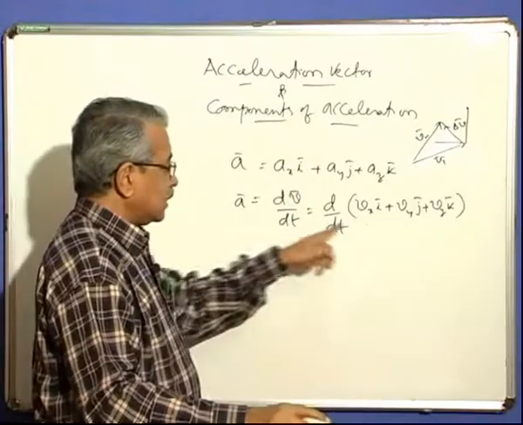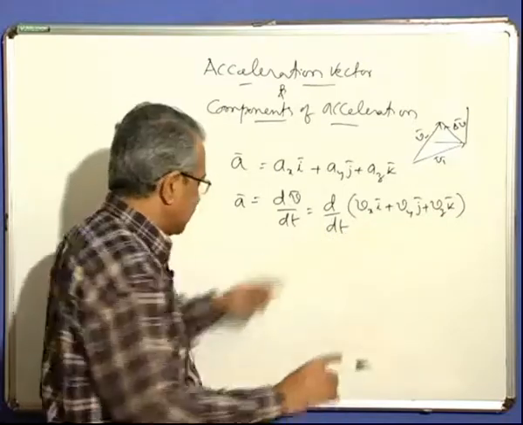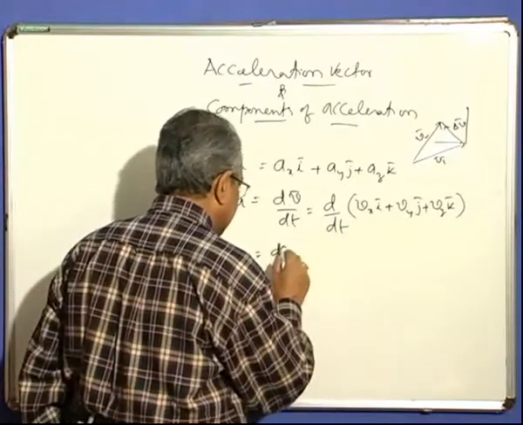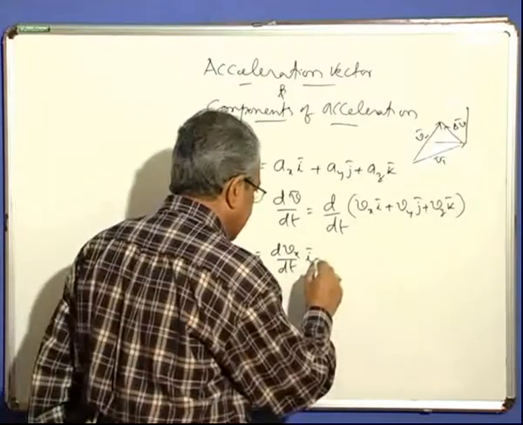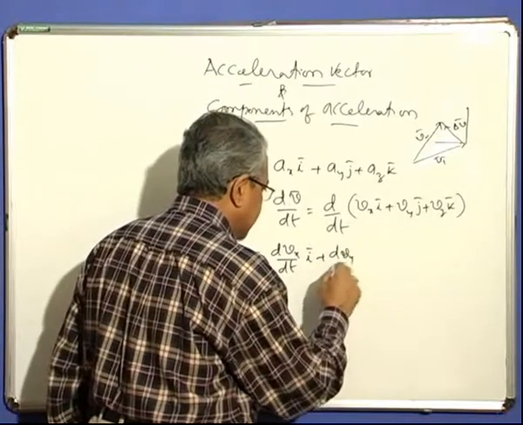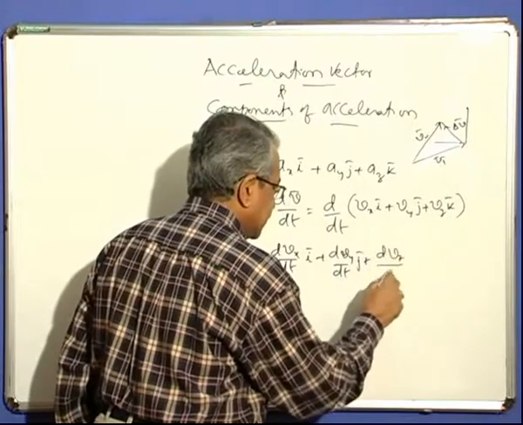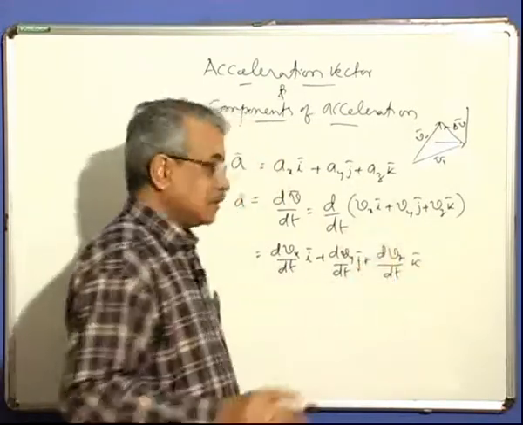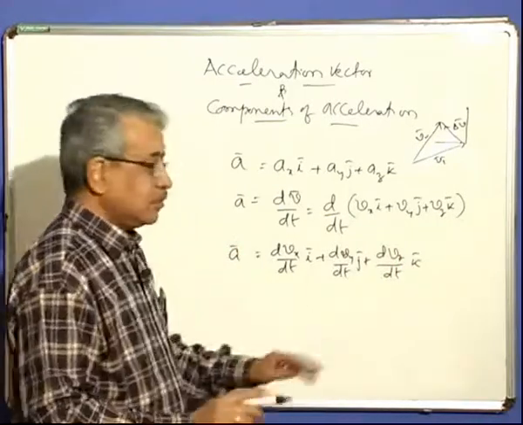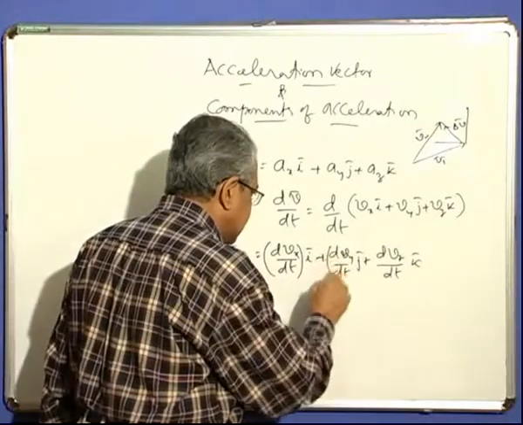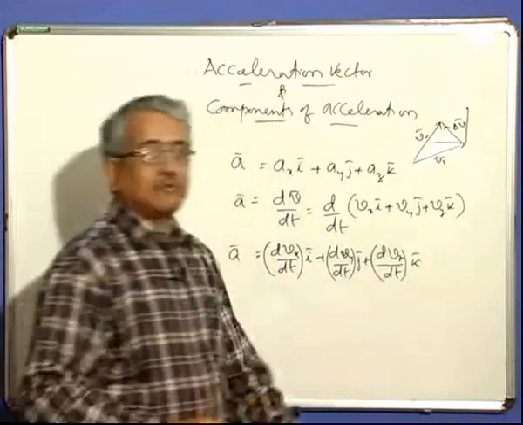This means we are differentiating the velocity vector in terms of its components, so you can separately differentiate: dvx by dt in the direction of i, similarly dvy by dt in the direction of j, and dvz by dt in the direction of k. So this is how we get the component representation of the vector. That means this gives you the change in the velocity in the x direction, the change in the y component, and similarly the change in the z component.